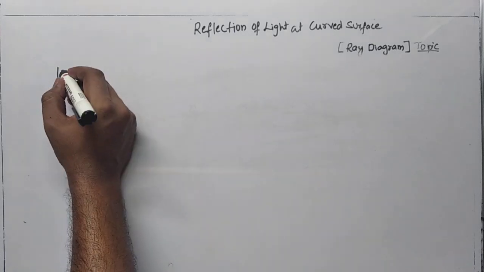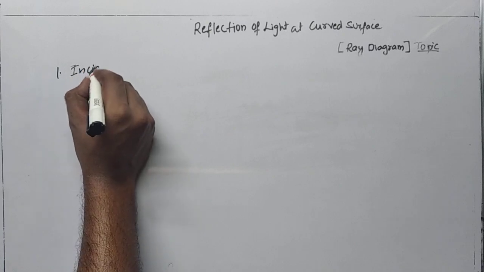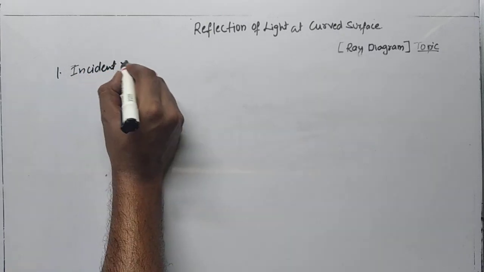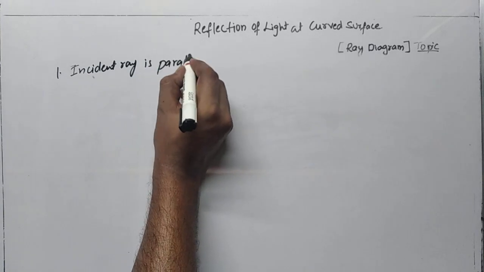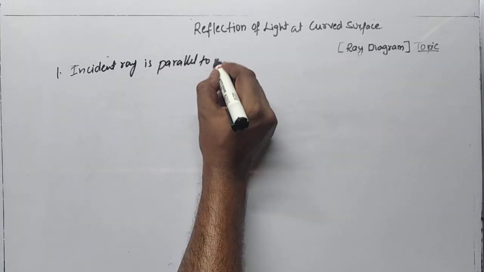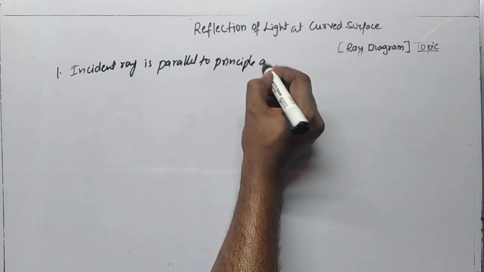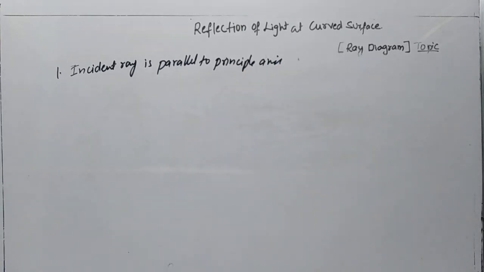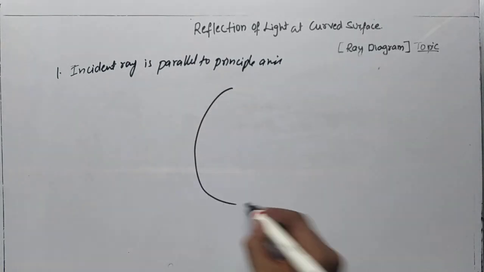So the first rule is whenever an incident ray is parallel to the principal axis. I forgot to tell you about this principal axis. I have just drawn a concave mirror.